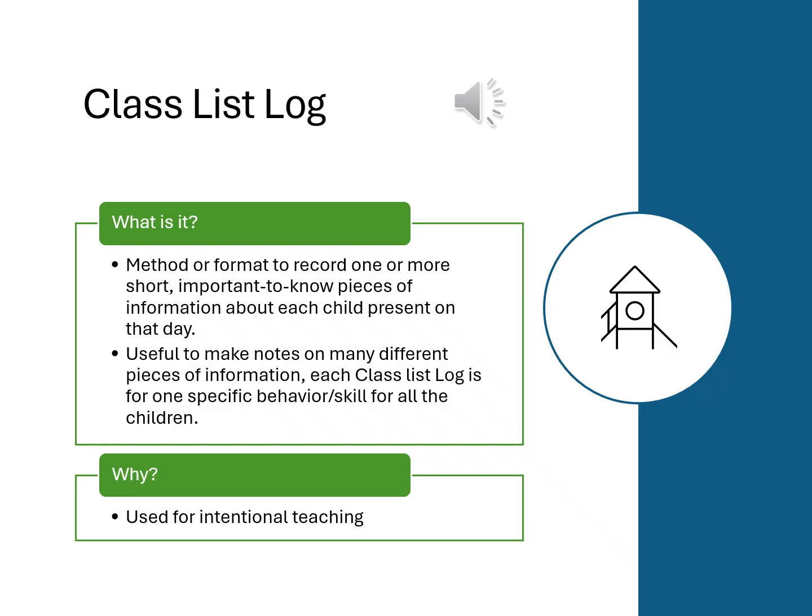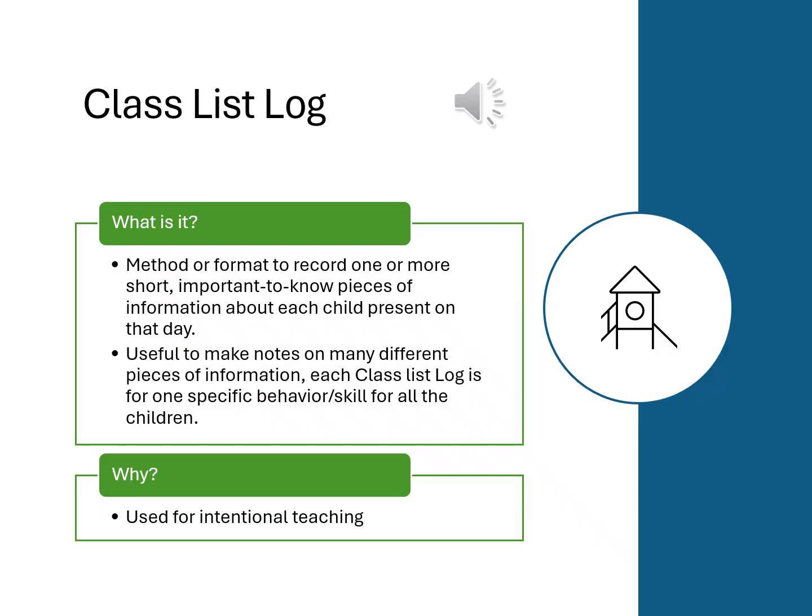But for this slide, just suffice it to say that it's a great tool to write down information about all different kinds of events that happen in the class and how children are navigating those events, or what different kinds of skills they're showing in particular developmental areas and domains. The main purpose of a class list log is to have a quick recording sheet where you can see how children are doing in a particular thing.